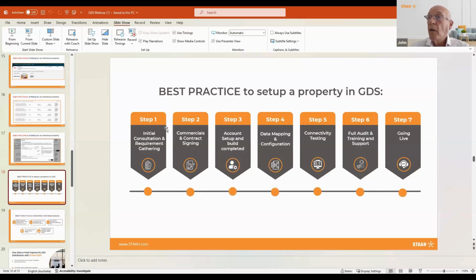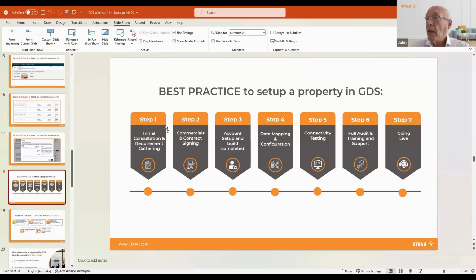We then talk about commercials and we have a contract signed. The third thing that happens is the account is set up and the build is completed. We do the build for you. It's not like you log in and you have to do all the work as a hotel, and we'll cover this in a little more detail in the next few slides.